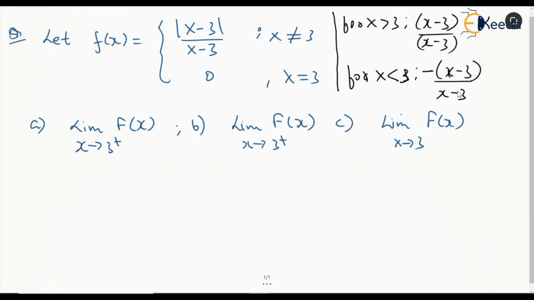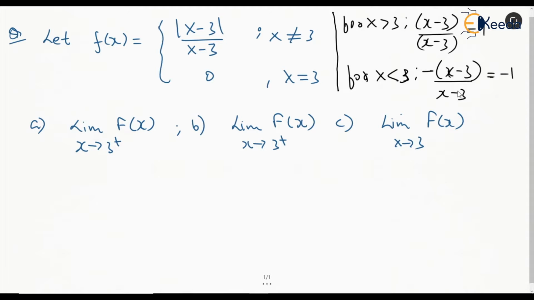Right? So we can clearly see that this is going to be 1 and this is going to be minus 1. Right? The function value is going to be 1 for x greater than 3 and minus 1 for x less than 3.